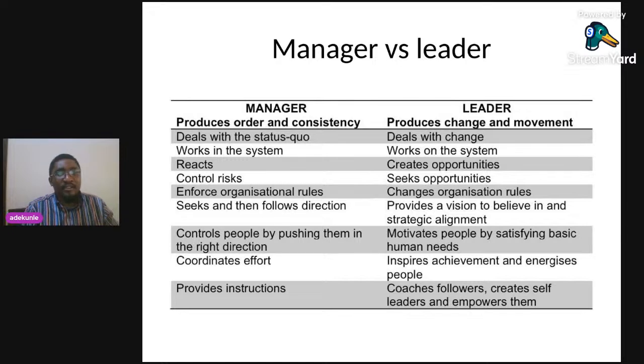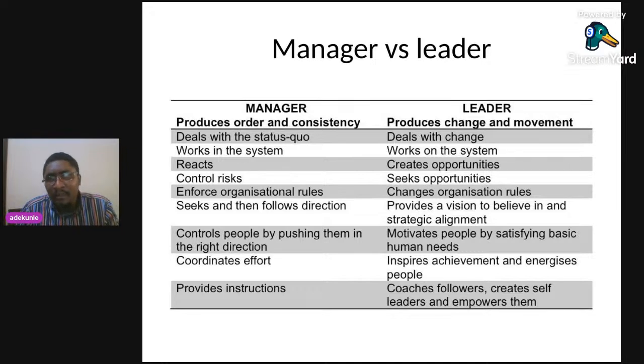Managers enforce organization rules, but leaders change organization rules to suit the means and methods they can influence. Managers seek and follow direction, but a true leader will always provide vision and belief, and also create strategic alignment for people within the organization.